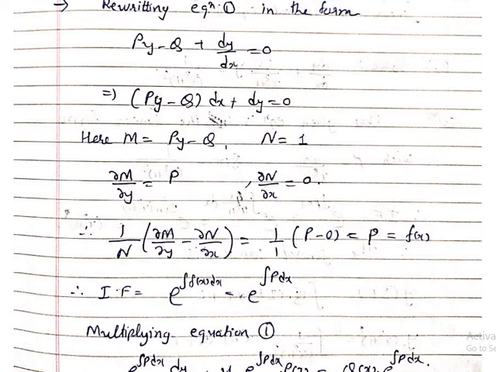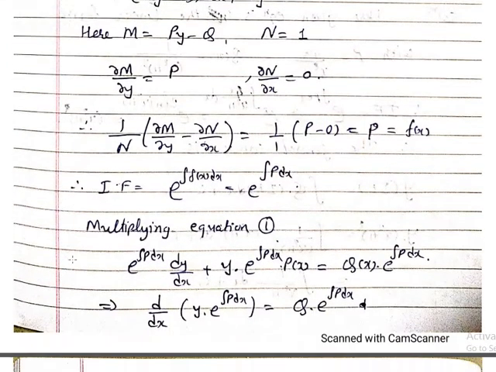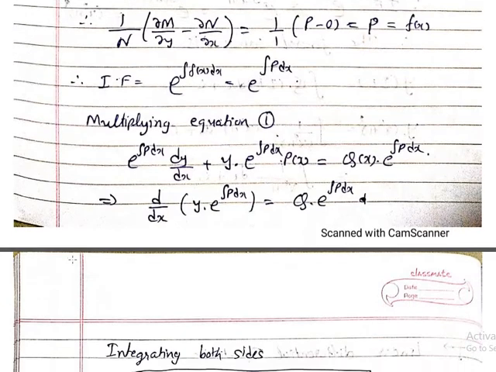So 1/N (∂M/∂y − ∂N/∂x) = 1/1 (P − 0), that will be P. But P is only a function of x, and therefore the integrating factor IF is equal to e raised to the integral of P dx.